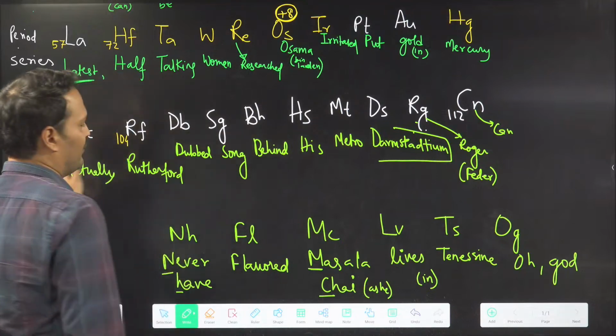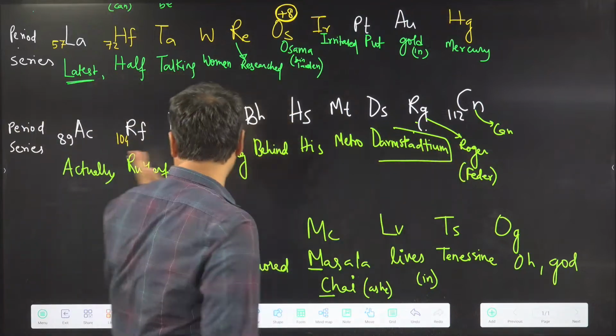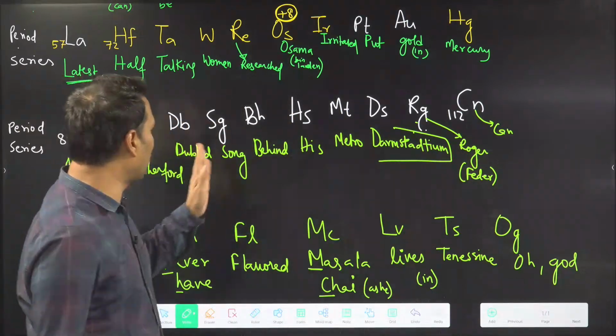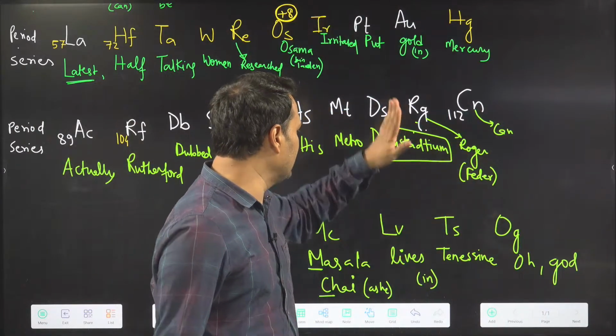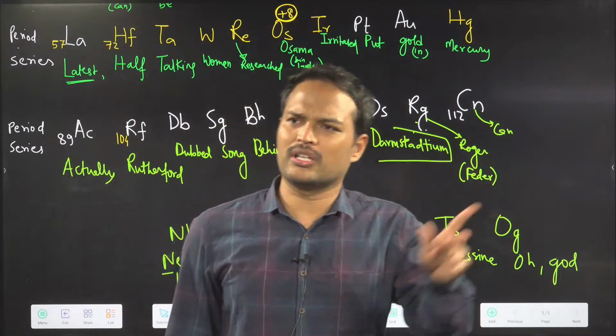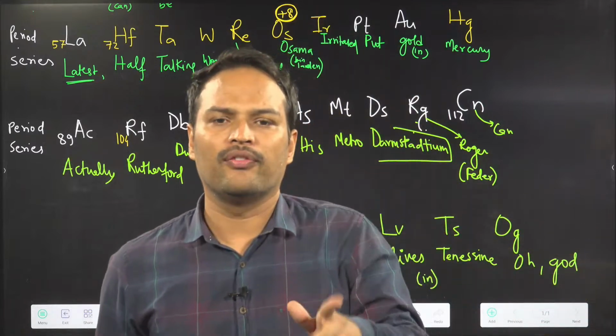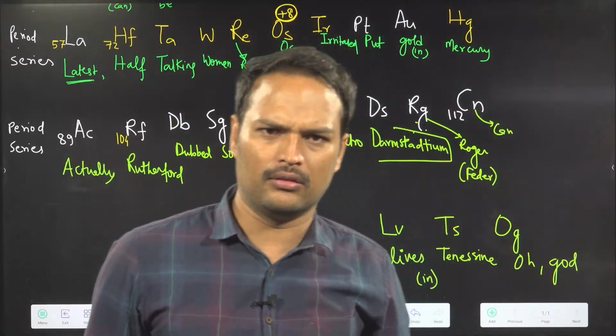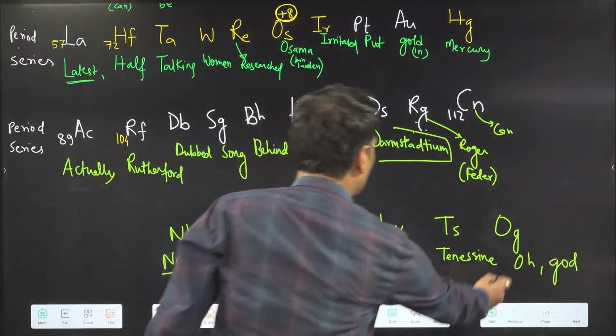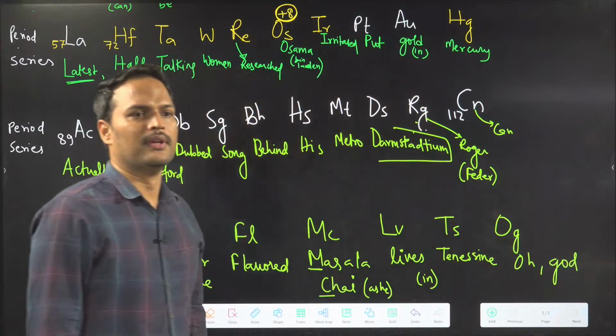We have divided this into two sentences. One sentence is that Rutherford dubbed song behind his metro, and the name of the metro is one element. And then we are saying, Roger can never have flavored masala chai. Why? Because he lives in Tennessee, very far. Oh God, done, like this.